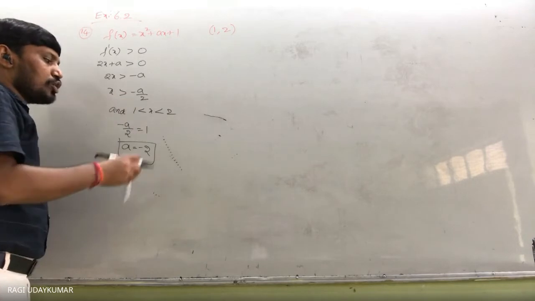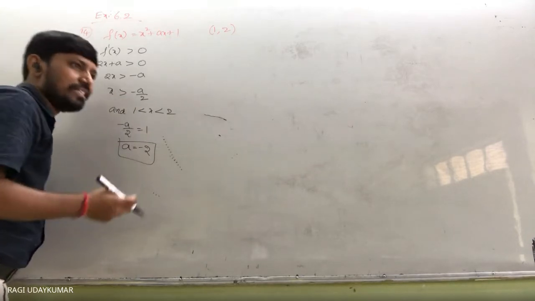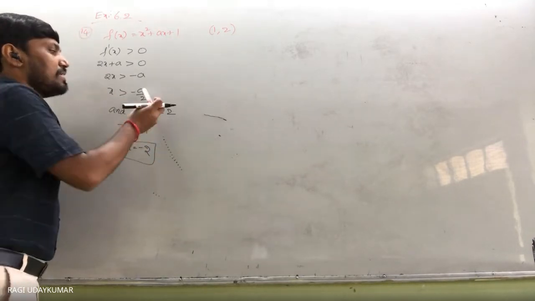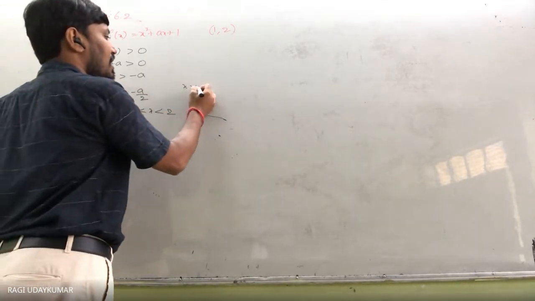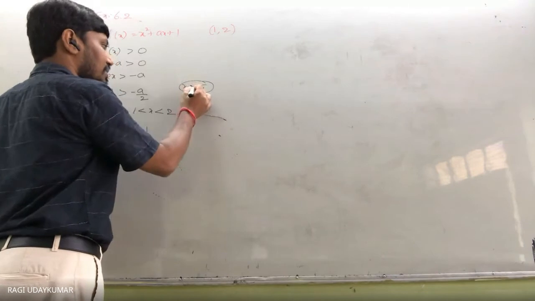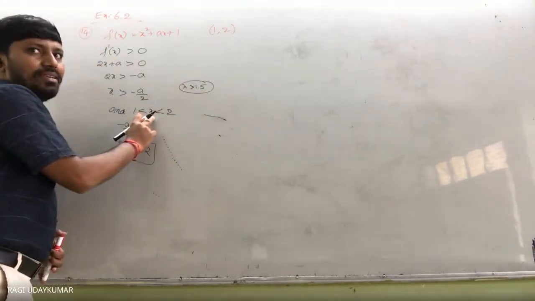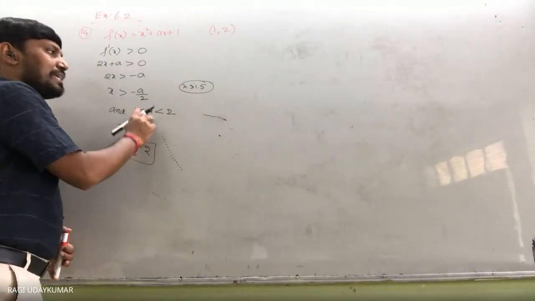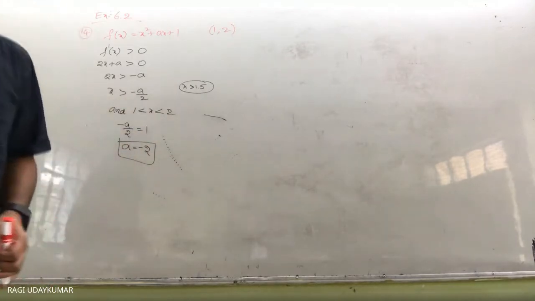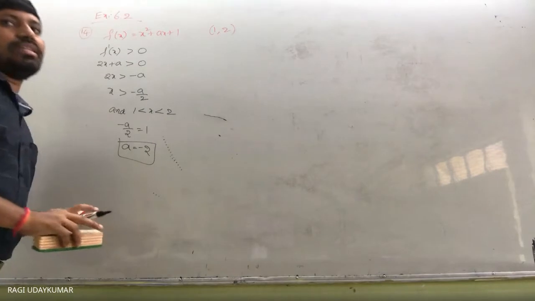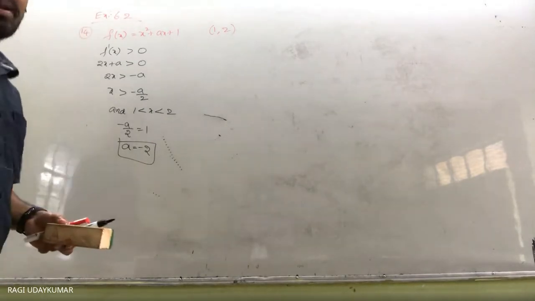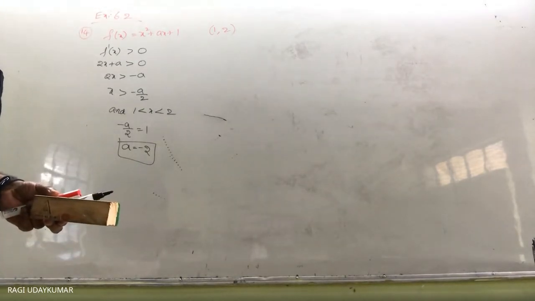If a is equal to minus 2.5 or minus 3 is taken, with minus 3, x is greater than 1.5 will come. Yes, that is also correct. But here the least value of a is asked. So that's why a is equal to minus 2. Least value of a is minus 2.